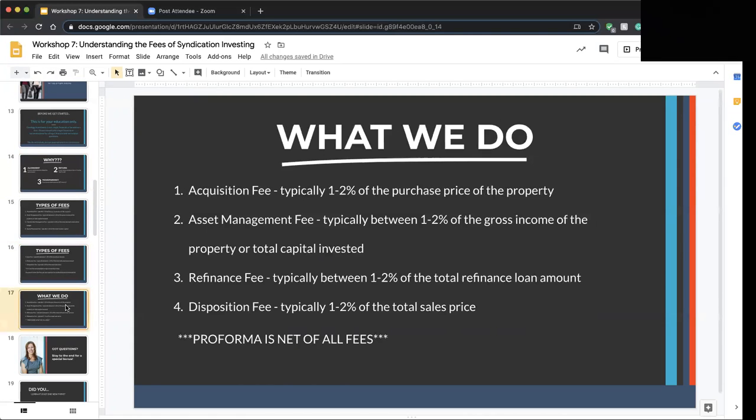So when we go back to the 4 fees that we do charge, essentially it's for the transaction on the property. It takes a lot of time and effort. When we put out a deal, we have probably underwritten at least 20 to 30 deals and done far more due diligence combing through deals above that.